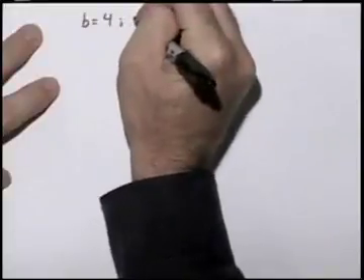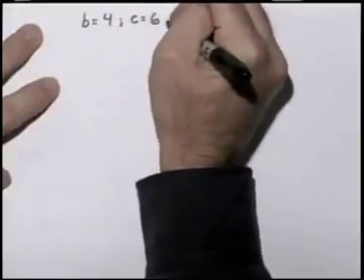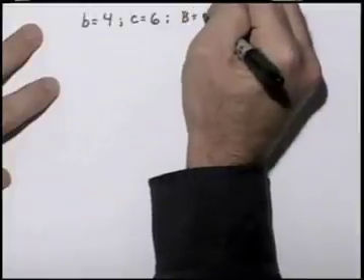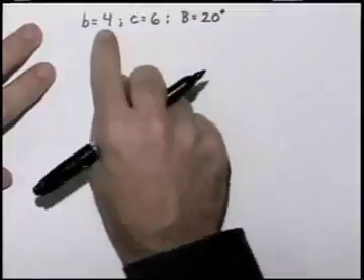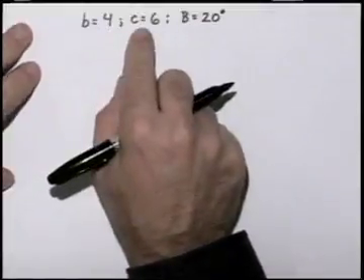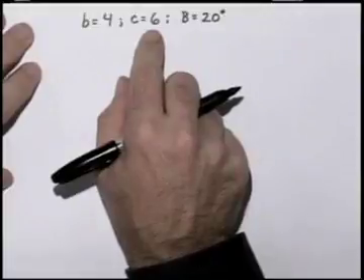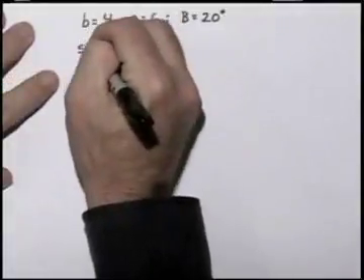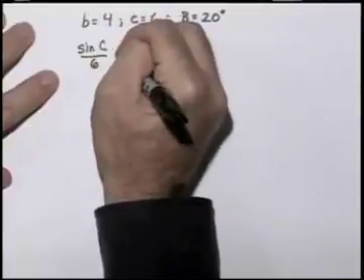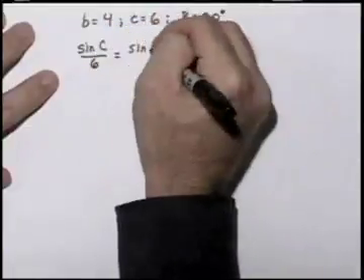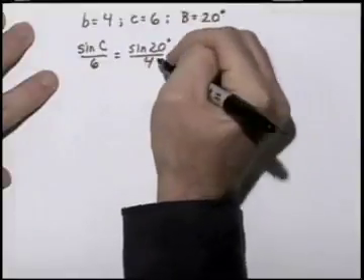Now let's try another one. In this next problem, we're given that B equals 4, C equals 6, and the measure of angle B is 20 degrees. Since we're given the angle B and the side opposite, and we're given side C, we're first going to try and find the angle C. So we have the sine of the angle C over 6 equals the sine of the angle B over 4.